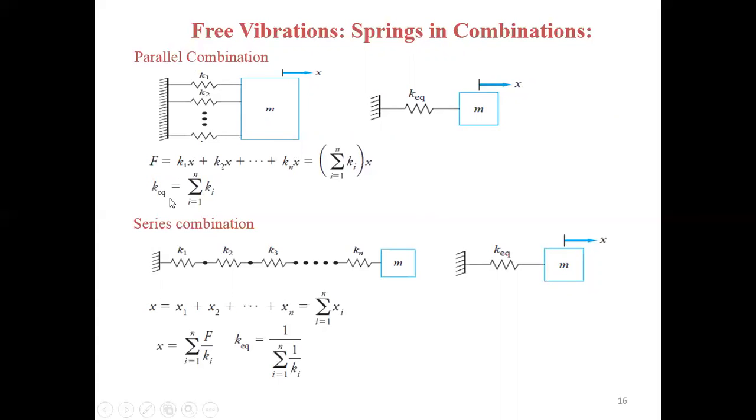The equivalent stiffness is determined as the summation of ki, where i is equal to 1 to n, the number of springs used. If the springs are connected in a series combination, then the equivalent spring stiffness is determined as K equivalent equal to 1 upon the summation of i equal to 1 to n of 1 by Ki, right?